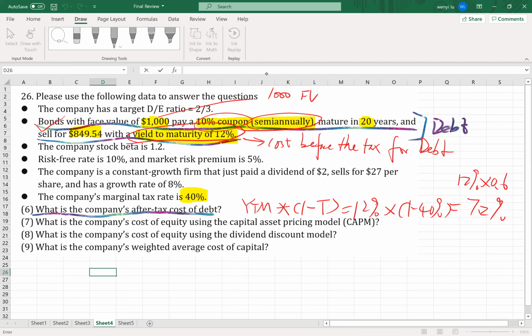Semi-annually, right? So 10% coupon rate times 1,000 will be what? $100, right? 100 over 2 will be $50 for each coupon payment. And you can see our bond will mature in 20 years. So 20 times 2 will be what? 40 periods, right? 40 periods. And you see the bond is now trading with what?